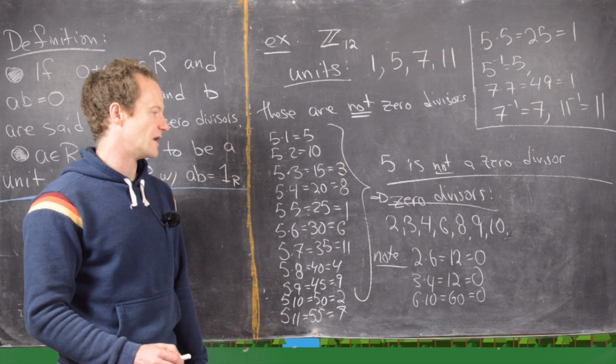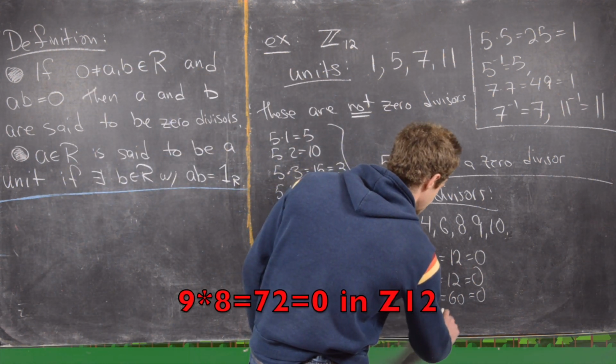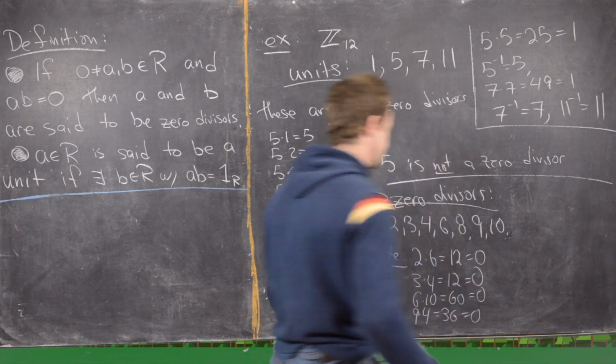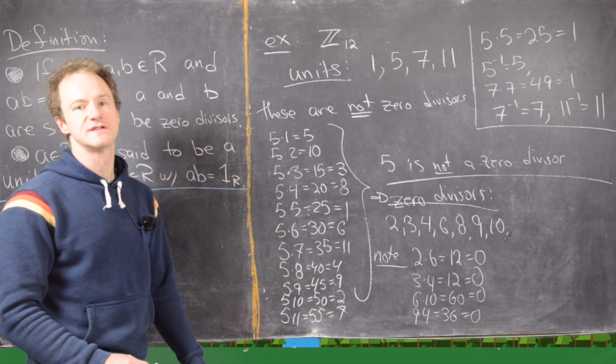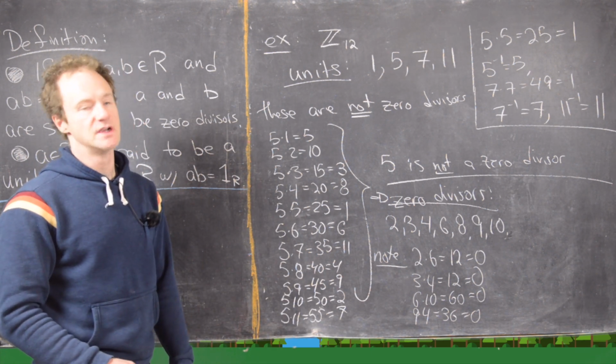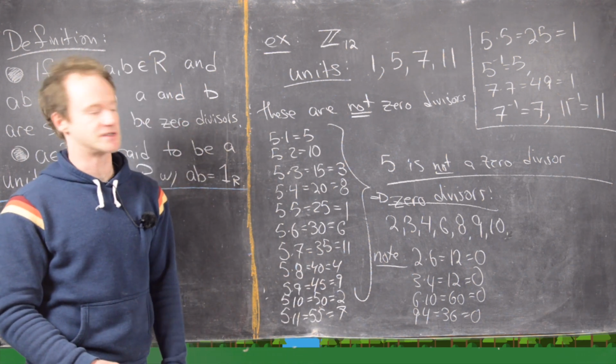And then finally, 9 times 4 is equal to 36, which is equal to 0. Does that cover all of them? Yeah. Okay, good. So this shows that these are all zero divisors. And so we partitioned Z12 into units and zero divisors.